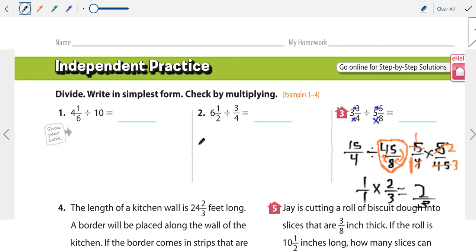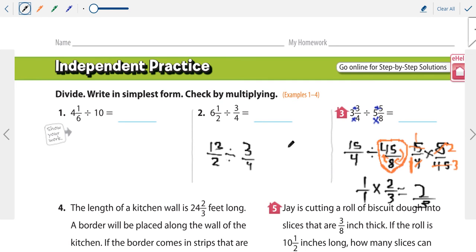Number 2, looking at number 2, 6 times 2 is 12. 12 plus 1 is 13. So that would give me 13 halves. Okay, 13 halves divided by, notice I'm not doing operations yet. All right? 3/4. I've done all my conversions first. Now I'm ready to do operations. How do I do operations?